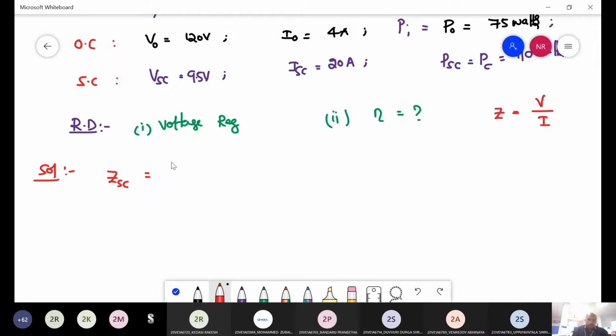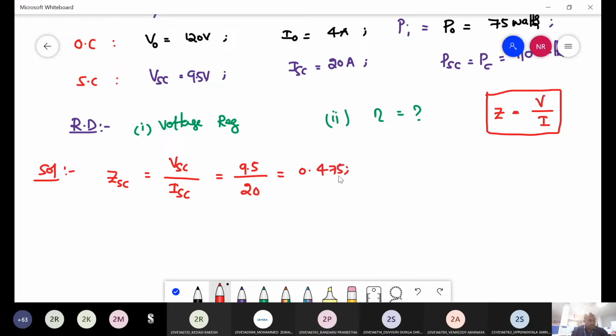ZSC is the short circuit impedance, equal to VSC by ISC, which is 9.5 by 20. That is 0.475. In the short circuit test, we can calculate the copper losses as well as the circuit parameters.